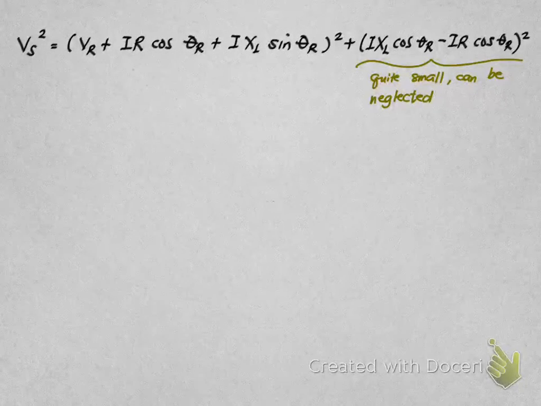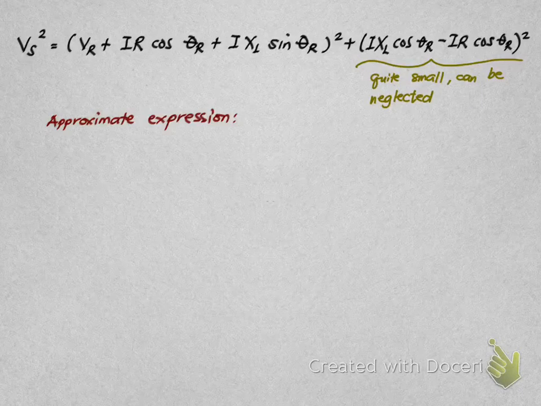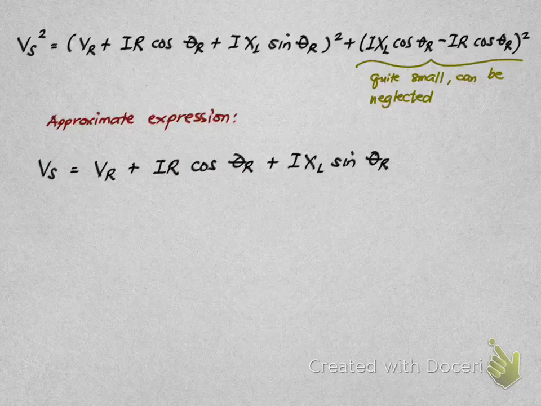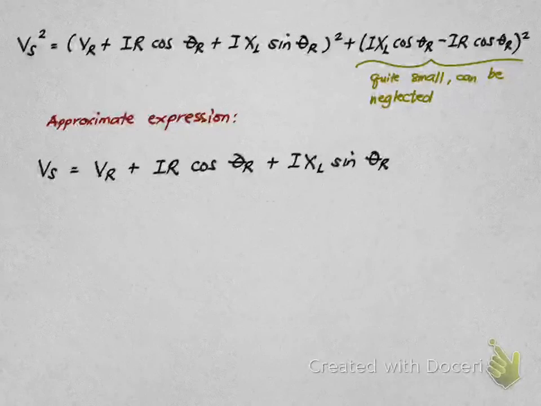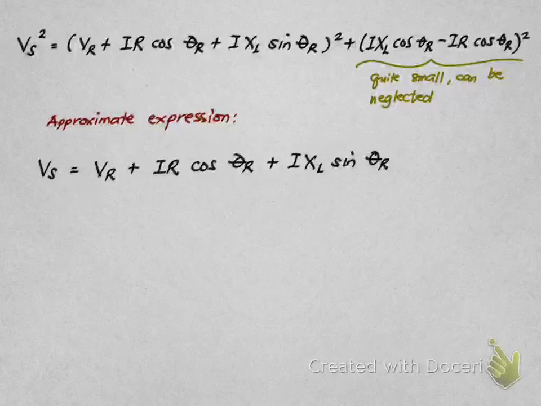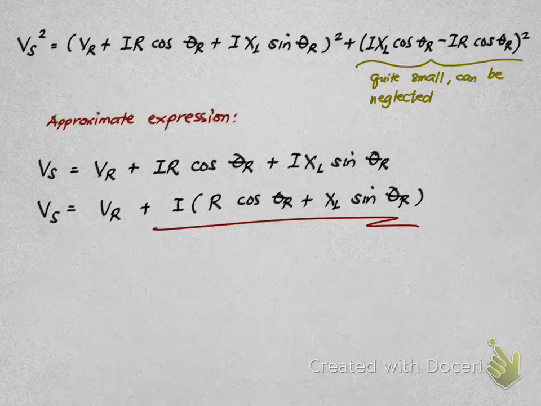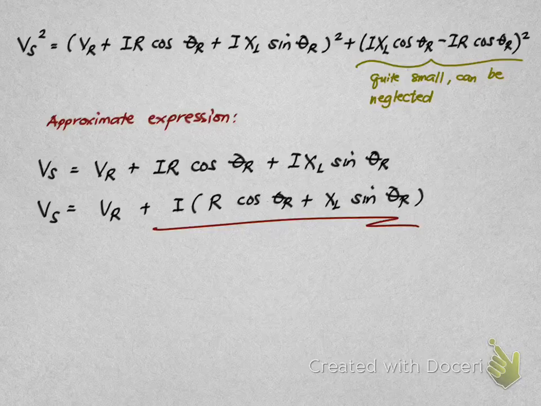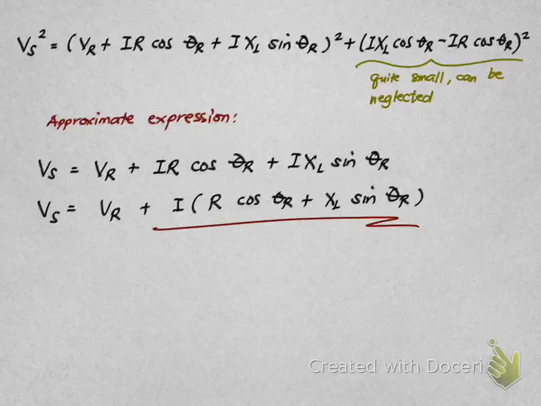That's why we only have this term, and what's left is VR plus IR cosine theta r. Sorry, Vs is equal to VR plus IR cosine theta r plus IXL. Regrouping, we have Vs equals VR plus I, quantity R cosine theta r plus XL sine theta r. So this is just the thing.